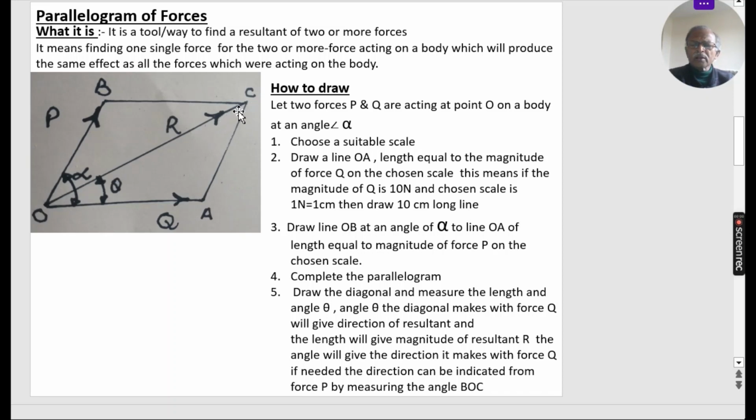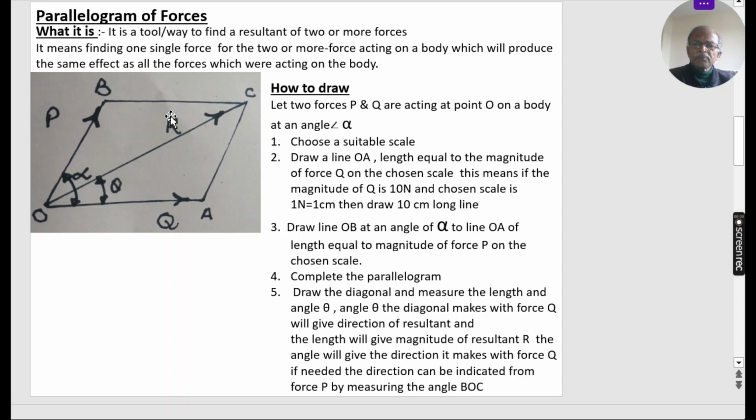This diagonal, if we measure it, it will give you the magnitude. Length means, say I have taken 1 newton is equal to 1 centimeter, and the length OC is 12 centimeters. That means resultant is 12 newton. And if we measure the angle theta, which it makes with the force Q or the line OA, this will give you the direction in which this force will act.